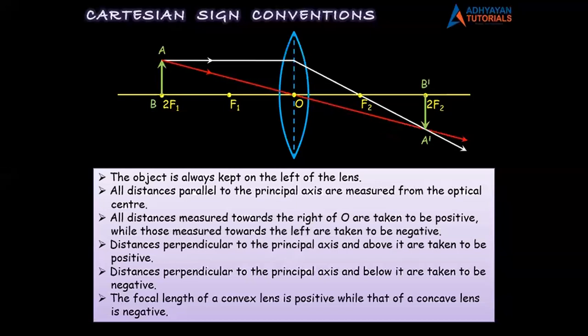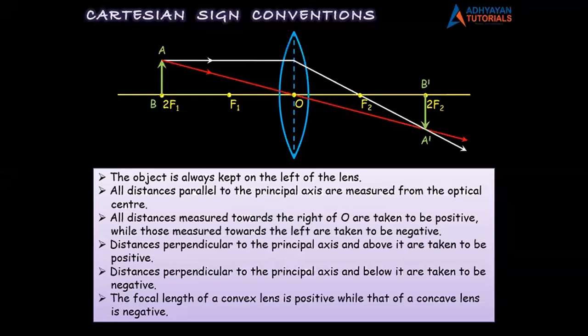Then, distances perpendicular to the principal axis and above it are taken to be positive. Distances perpendicular to the principal axis and below it are taken to be negative. And the last rule is the focal length of a convex lens is positive, while that of a concave lens is negative.